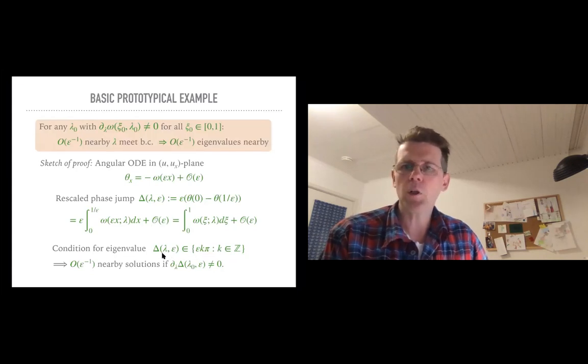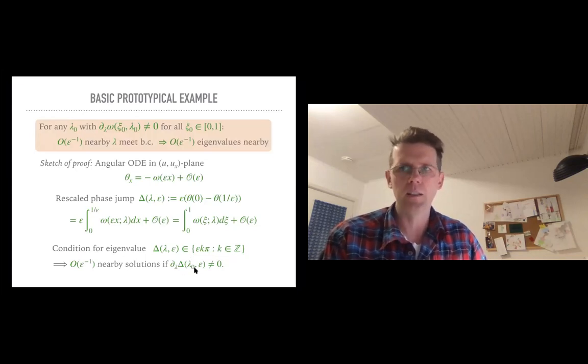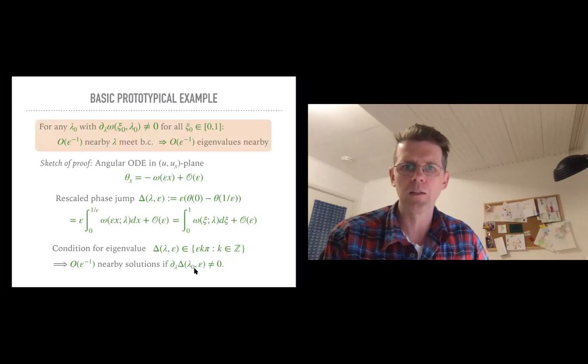So under what conditions can we expect to be able to create solutions? The simplest one, implicit function theorem, would be if the derivative of this capital delta with respect to lambda is non-zero at some point. Then we are guaranteed that locally it's linear and we will meet 1 over epsilon points of this set by variation.